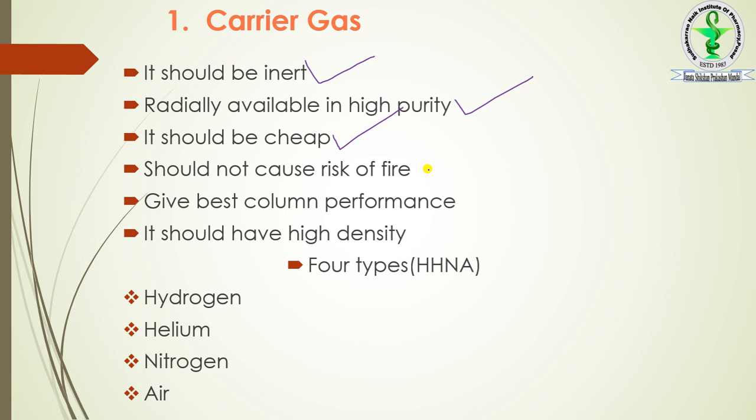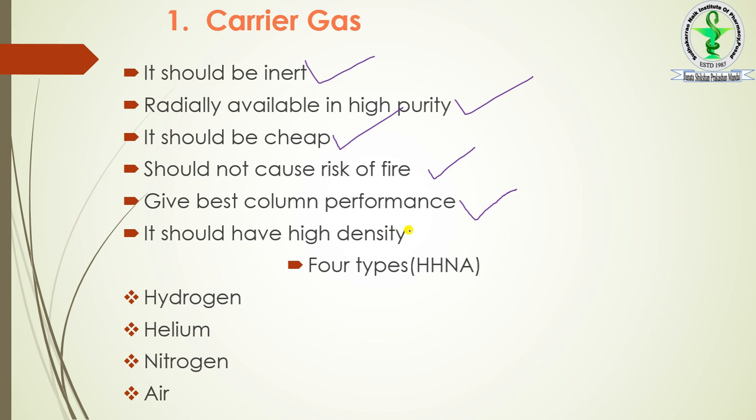Should not cause risk of fire. Very important point that we are saying, that it should not cause risk of fire. जब हम इसका यूज करेंगे तो कभी भी फायर, रिस्क ऑफ फायर नहीं होना चाहिए. And it gives the best column performance. इसने बेस्ट कॉलम परफॉर्मेंस देना चाहिए.